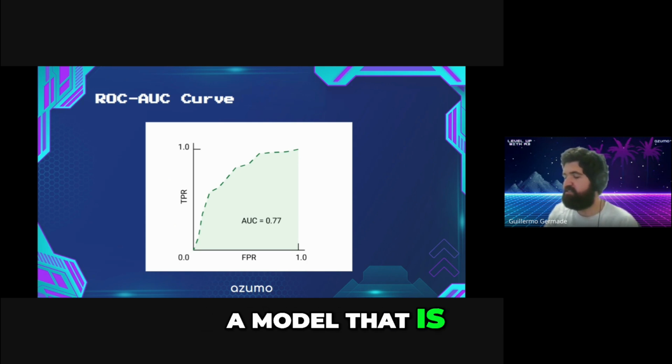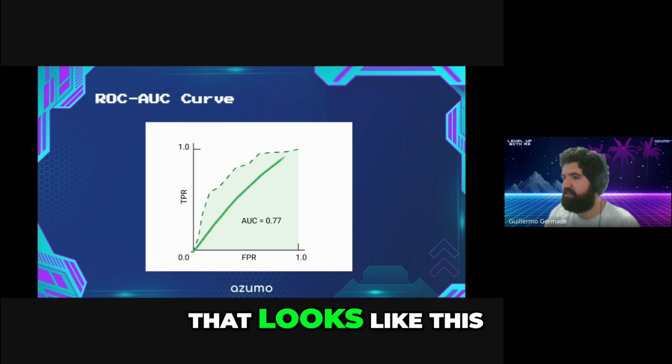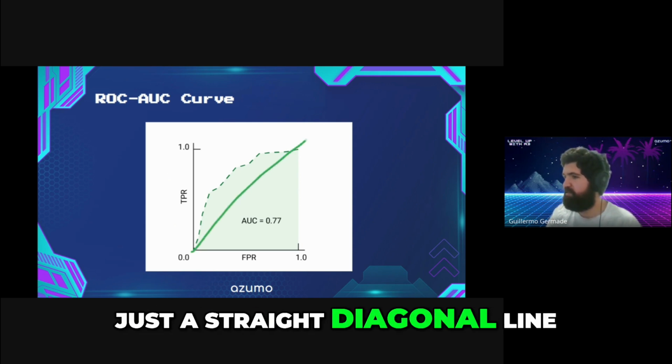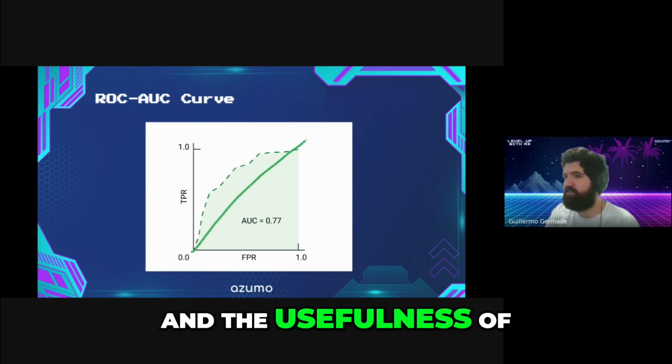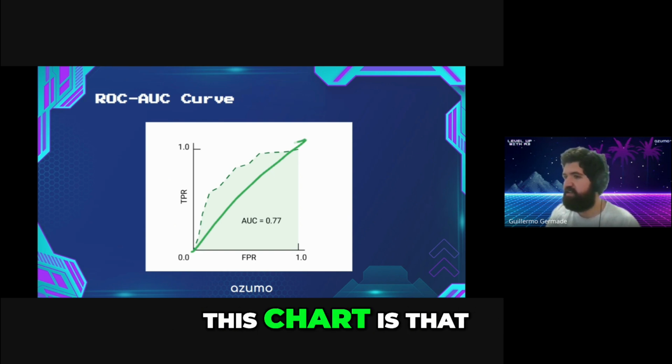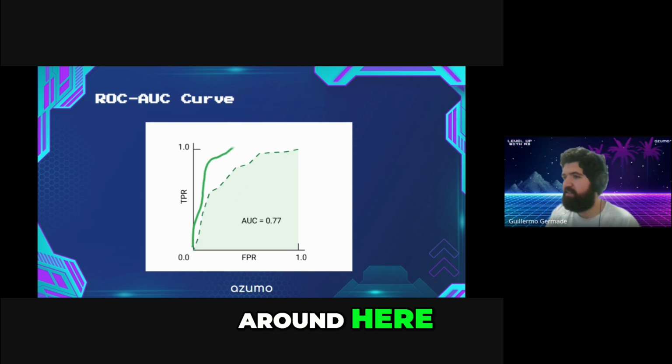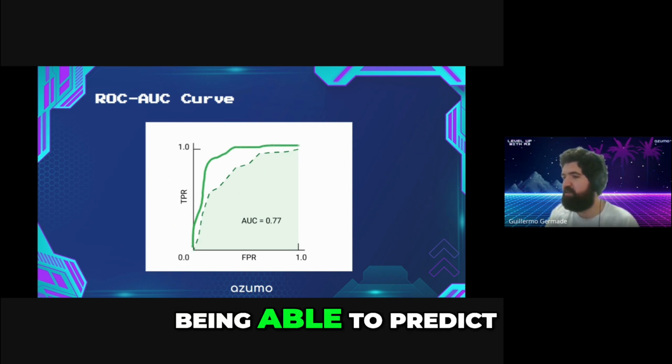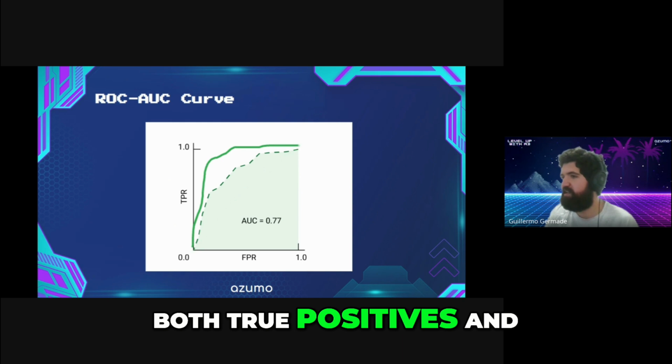A model that is completely random would have a curve that looks like this, just a straight diagonal line. And the usefulness of this chart is that the bigger the area around here, the better the model is in general at being able to predict both true positives and true negatives.